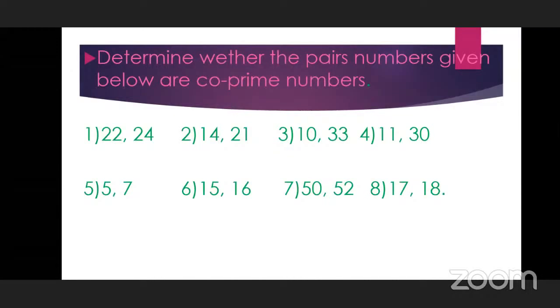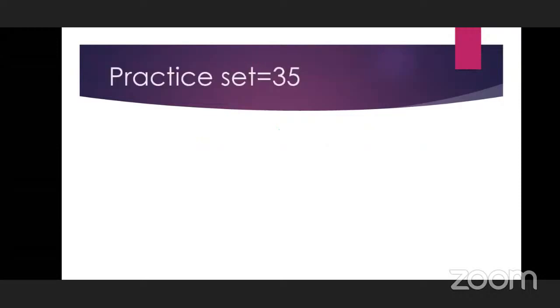Do you know what we call a co-prime number? Tell me the definition. Co-prime numbers have only one common factor. Very good.